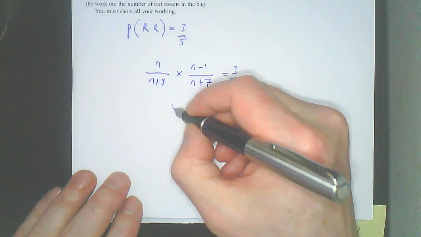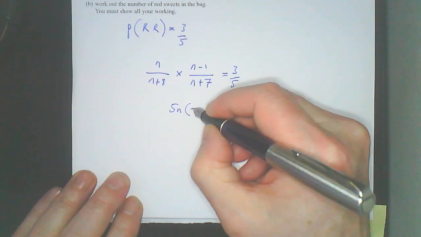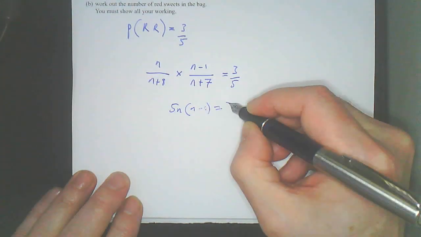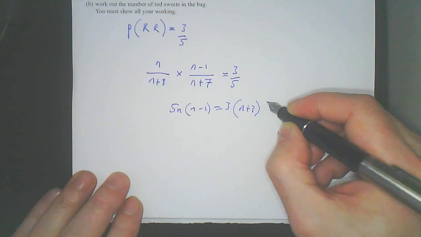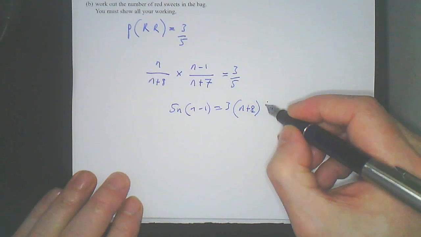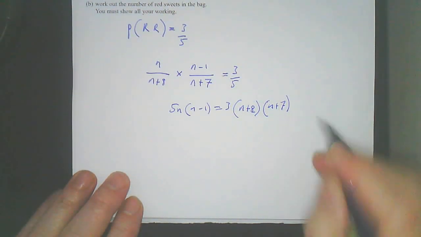We can take the 5 this side, n minus 1, and then on the other side, we can multiply by the n plus 8 and the n plus 7.